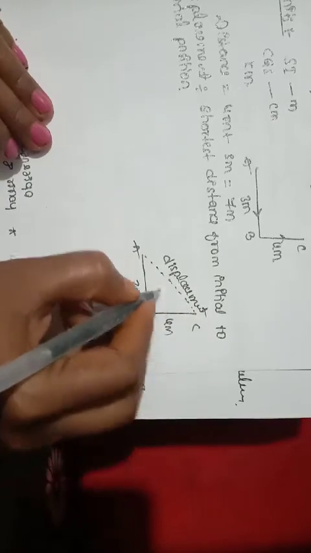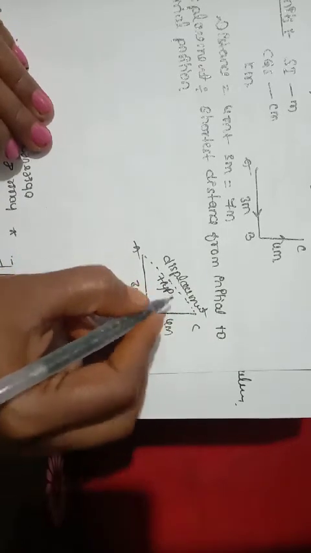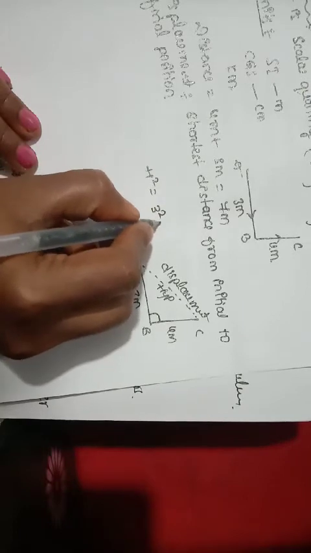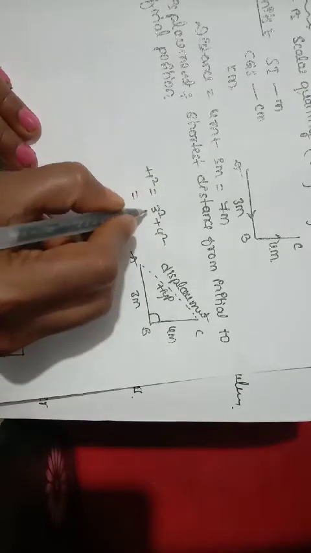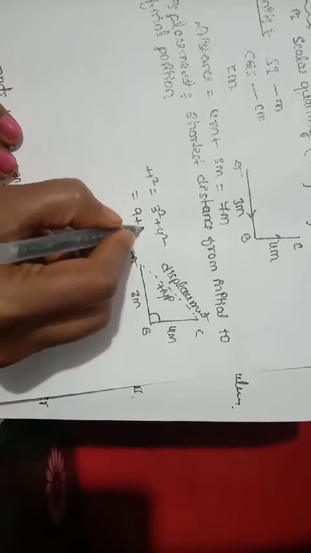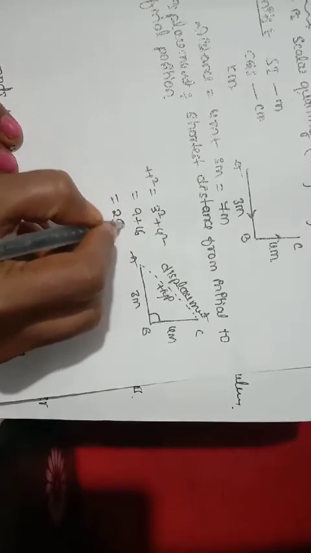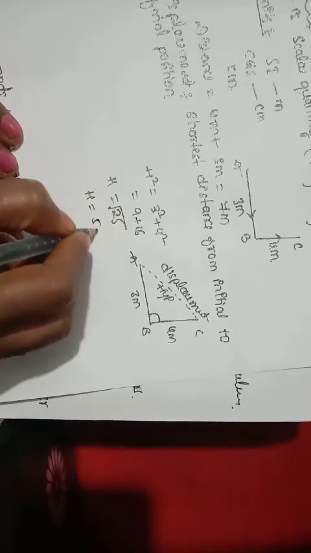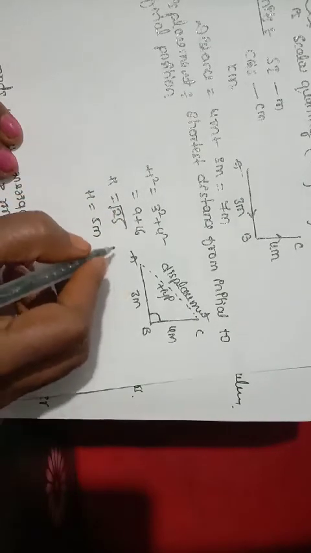How to calculate this? Let us consider this is the hypotenuse, in a right angle triangle. In a right angle triangle, hypotenuse square is equal to side square plus side square: 3 square 9 plus 16, that is equal to 25. H is equal to root of 25, H is equal to 5 meters. This is the displacement.